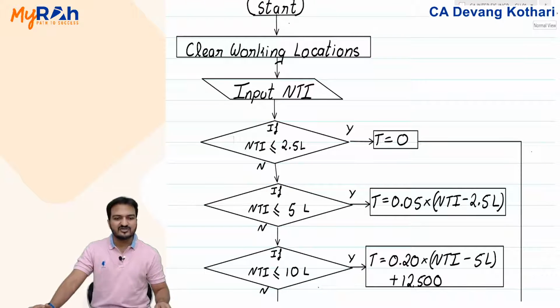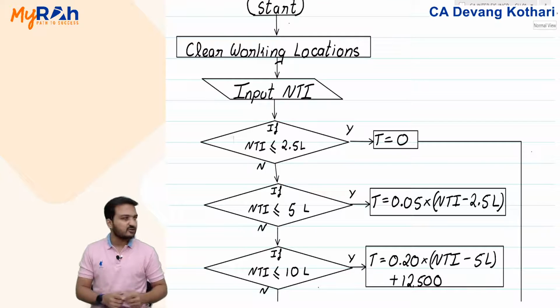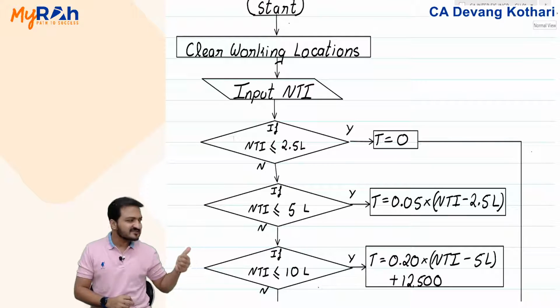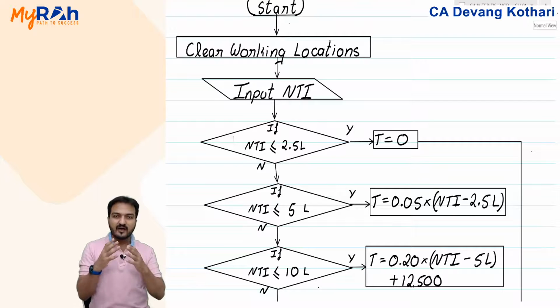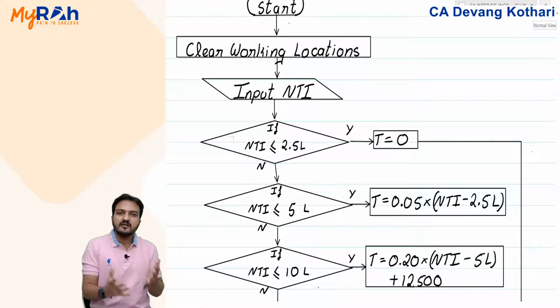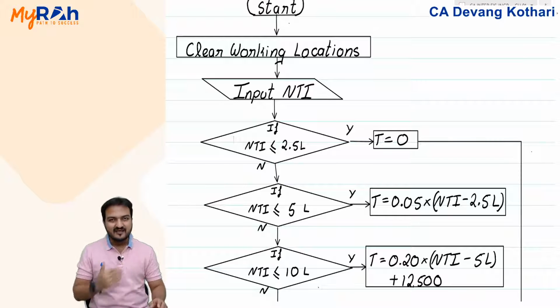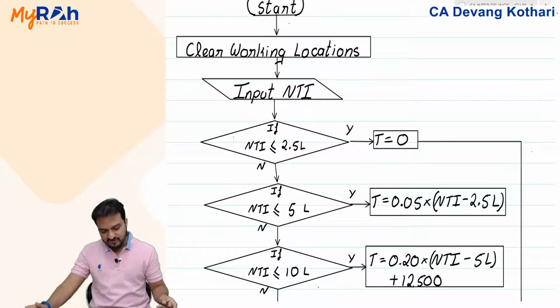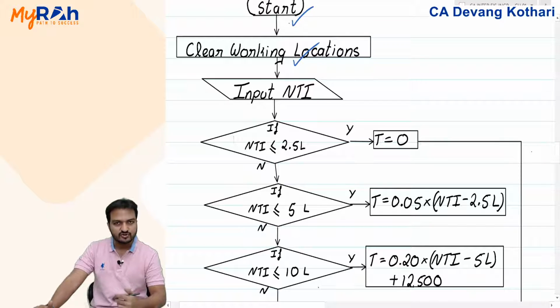A mathematical flowchart is like the odd numbers flowchart, and a practical flowchart is one like this, where I'm making a flowchart for some actual software that is practically used for business purposes. In any case, any flowchart will always start with start and clear working locations, which I will not show again now.